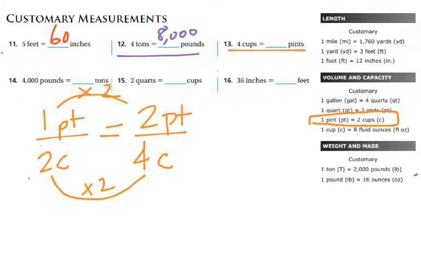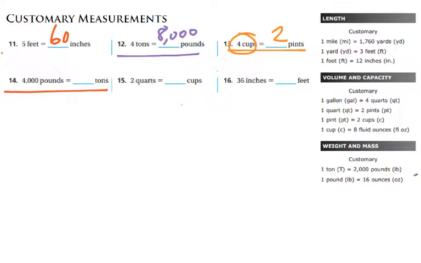If I used a different approach, I would have had to divide my cups by 2. Because 1 pint is 2 cups. So if I have 2 cups, that's 1 pint, and then another 2 cups would give me 2 pints, which is the same thing as the 4 cups. Okay? Let's look at another problem.